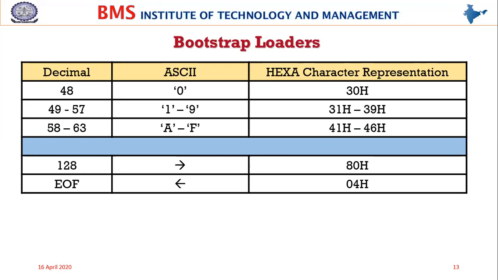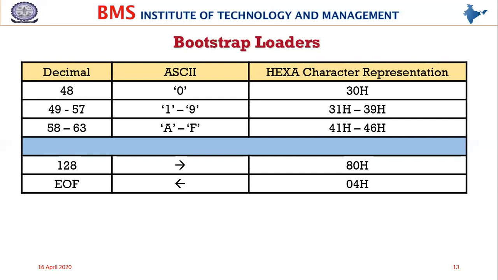For example, 128 in decimal represents 80H. Somewhere if we have hash 128, we should assume that as 80H, which is the starting address where your operating system is supposed to be loaded. The end of the file is represented by 04H, meaning anything less than or equal to 04 is an end.